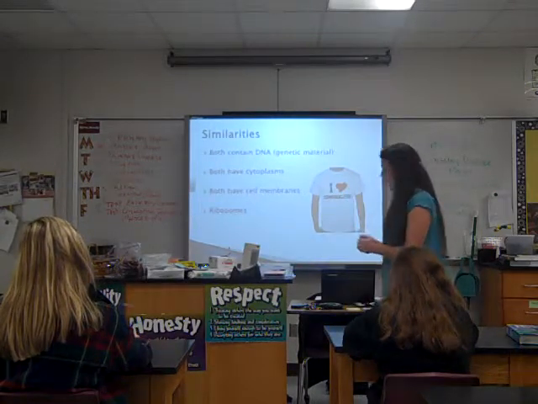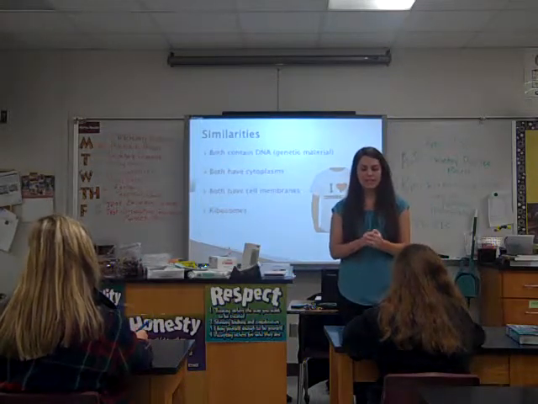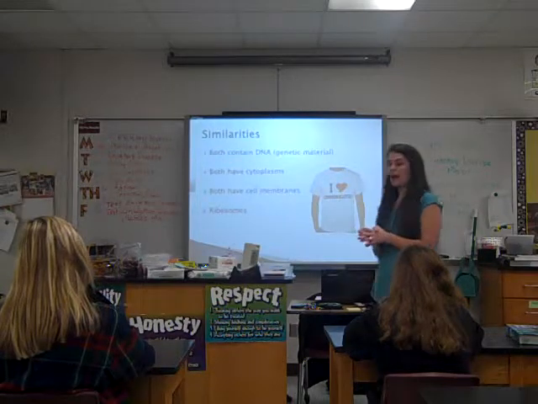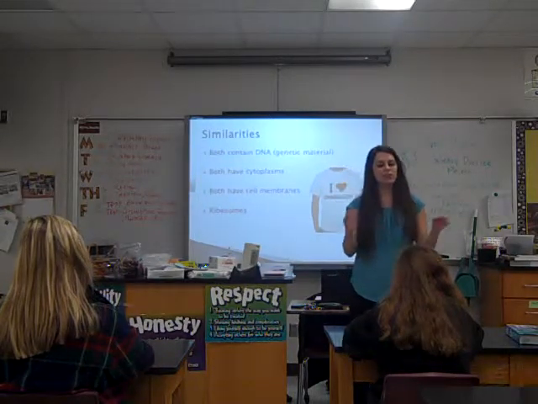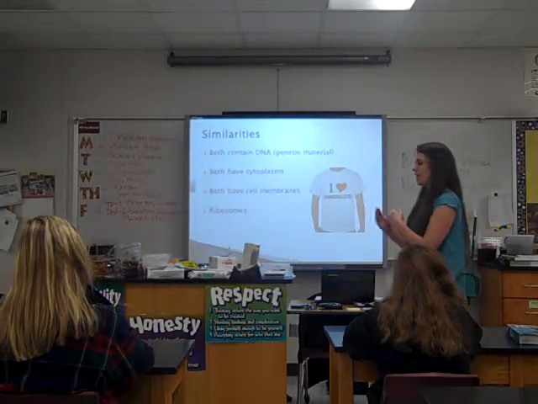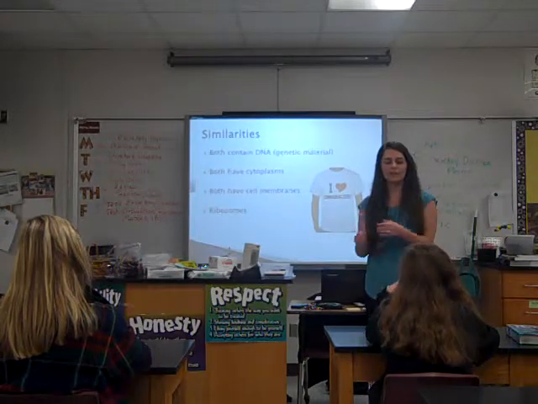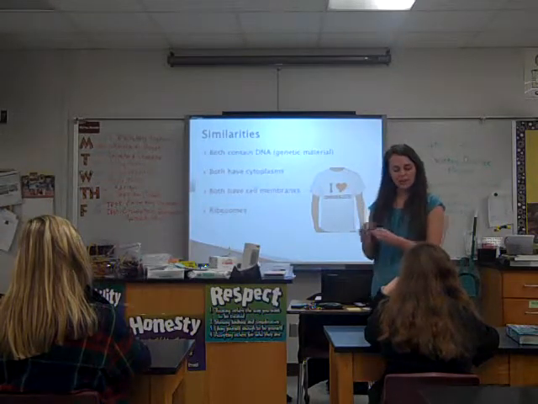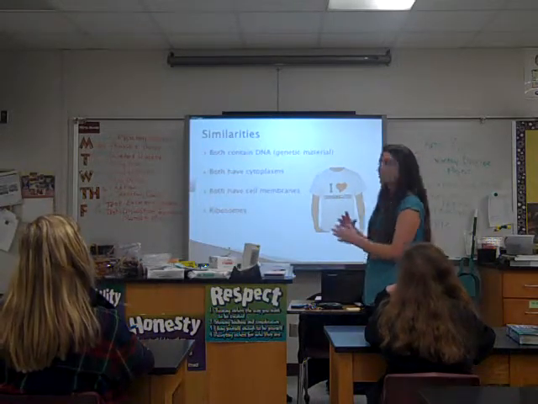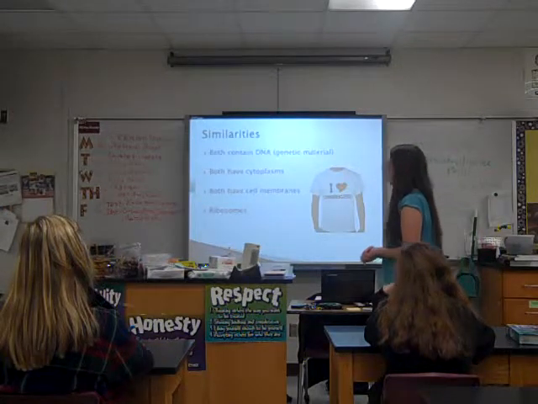Sometimes they may have RNA as their genetic material, but they all contain genetic material within their cells. They both have cytoplasm. So they both have that gel-like structure inside the cell, where in eukaryotes, that's where all the organelles are found. And in prokaryotes, the DNA or the genetic material would just be within the cytoplasm, in the nucleoid region. There'd be the region of the DNA, but that's just found within the cytoplasm.